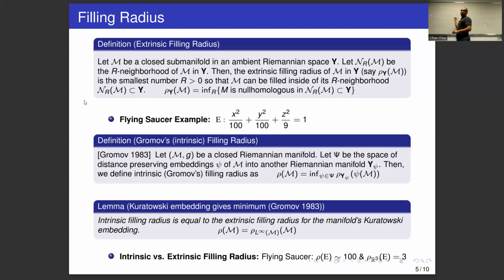So this paraboloid is my original space, Y. This is going to be my X, and let's say this is a distance preserving embedding. Look at the R neighbors of this. When you take this very long, you are unnecessarily going too far. But in the Kuratowski embedding, you always achieve the minimum here.